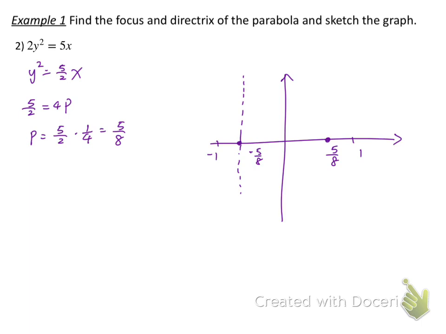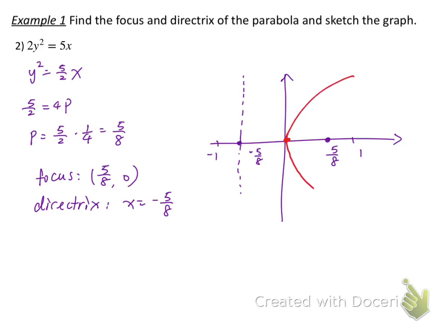So we have the focus, which is (5/8, 0), and then I have the directrix. I place it on the x coordinate. This will be x equals the opposite, -5/8. Finally, graphing it, I have the vertex here, and this is a parabola that opens this way. So that's the parabola.